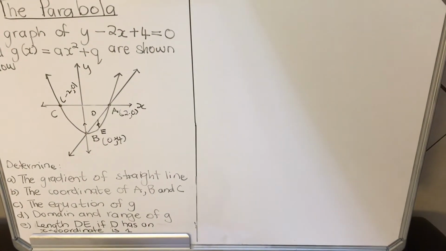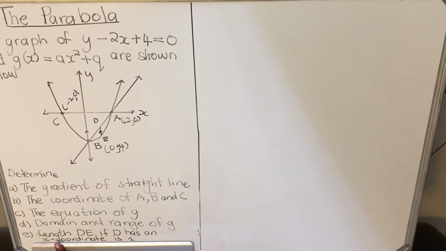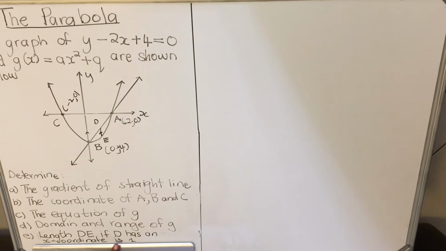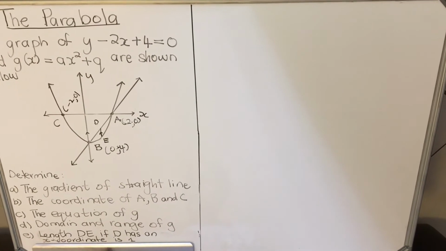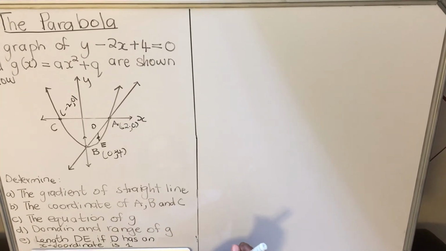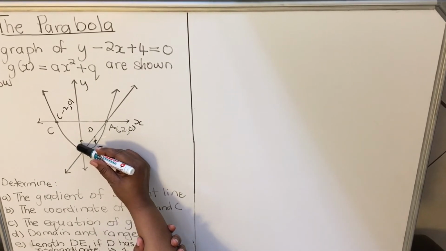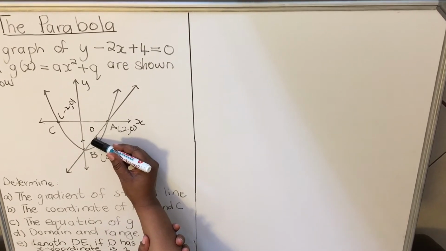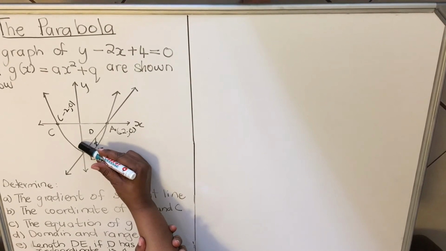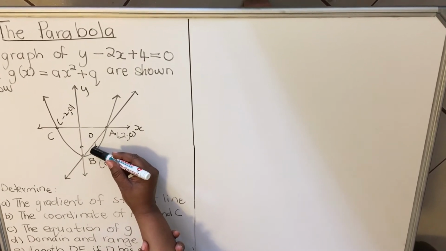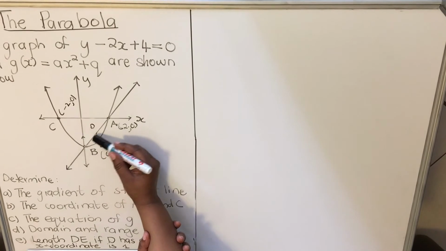Okay, for number E, they say we must calculate the length of DE. D has an x coordinate of 1. DE is this line here. This line, they say, is perpendicular to the x-axis, or parallel to the y-axis.